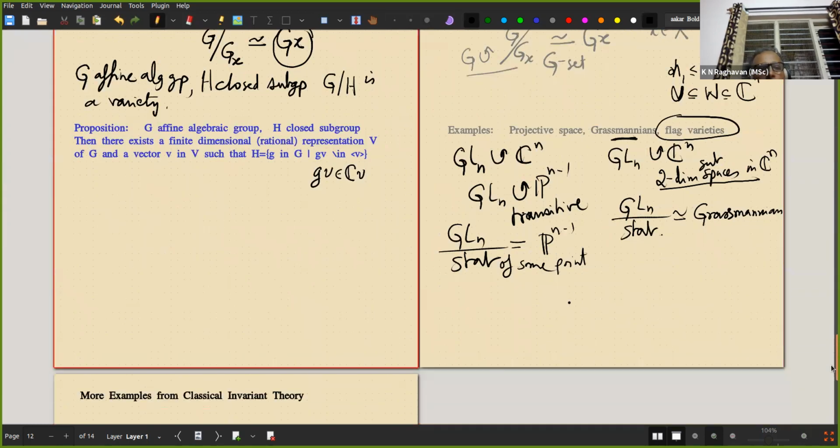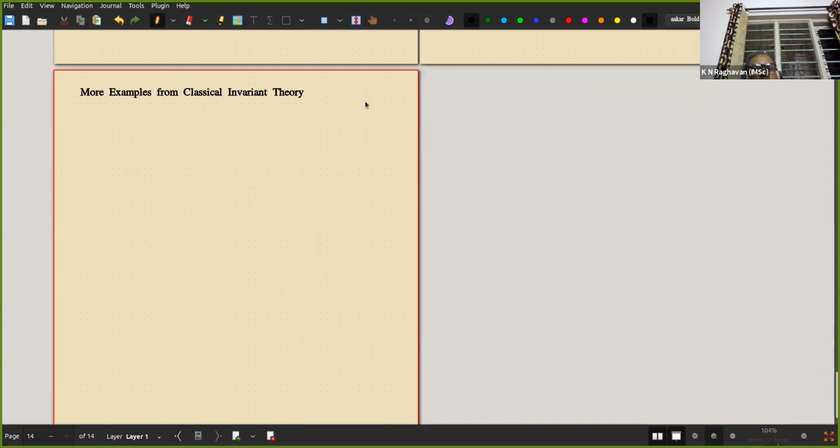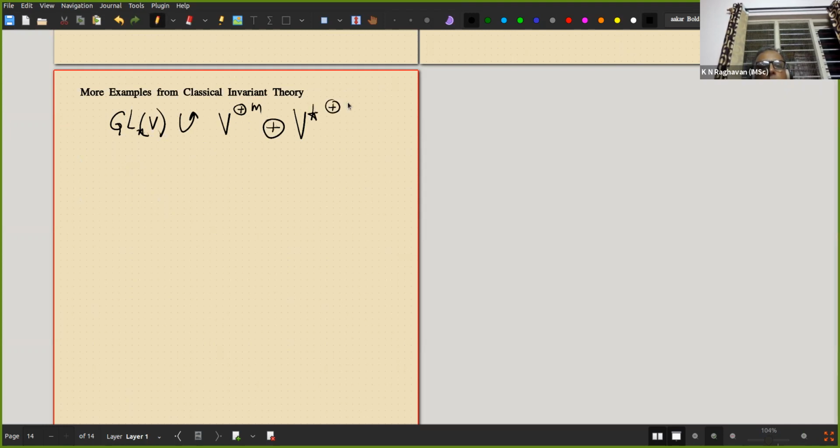Now, very quickly, let me just give you some more examples from classical invariant theory of this categorical quotient. So you have GL, let's take GLN or GLV, acting on M copies of V, and there's a natural action on V star, and suppose I take Q copies.